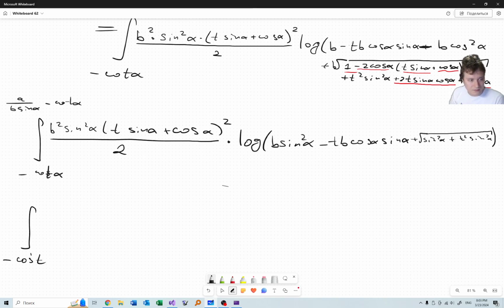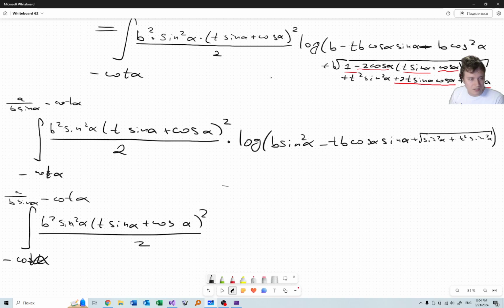Let's continue. Cotangent alpha, a over b sine alpha minus cotangent alpha. For now let's let it be. So b squared sine squared alpha, t sine alpha plus cosine alpha squared over 2 times logarithm of b sine alpha plus some other logarithm.